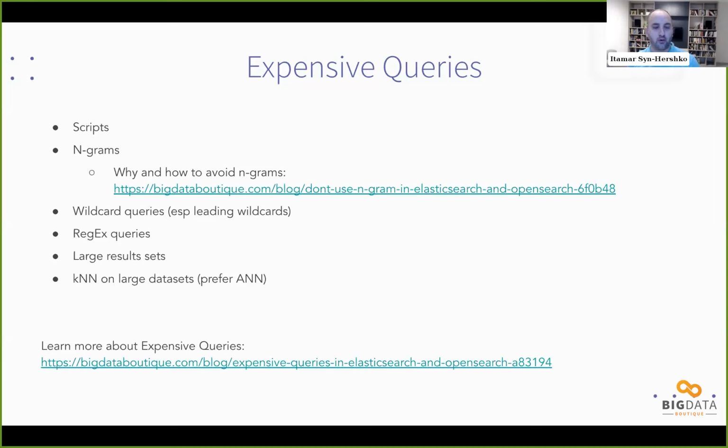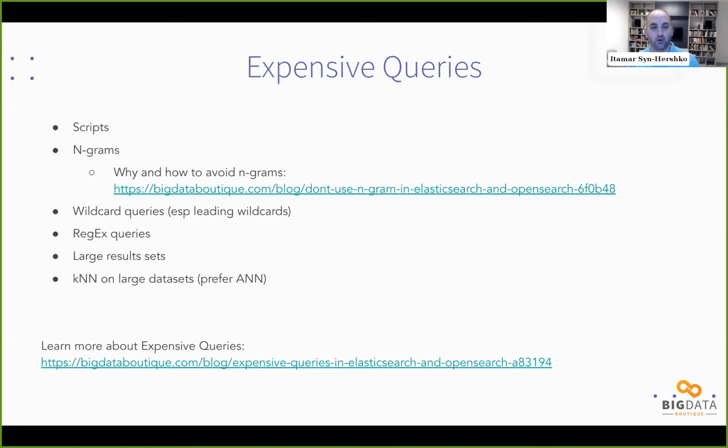Another very common mistake that we see happening in the wild is using n-grams. If you go on the web and try to do things, you'll get to many blog posts talking about n-grams. And the fact is that 95% of the time you actually don't need to use n-grams. There are tons of ways to do what n-grams allow you to do in a more efficient way.